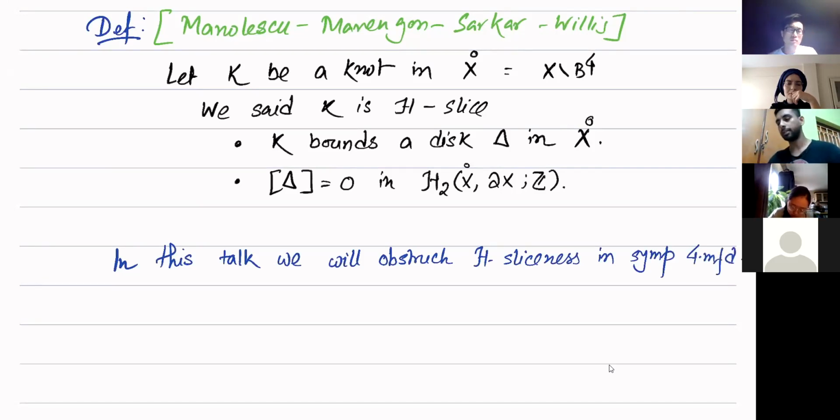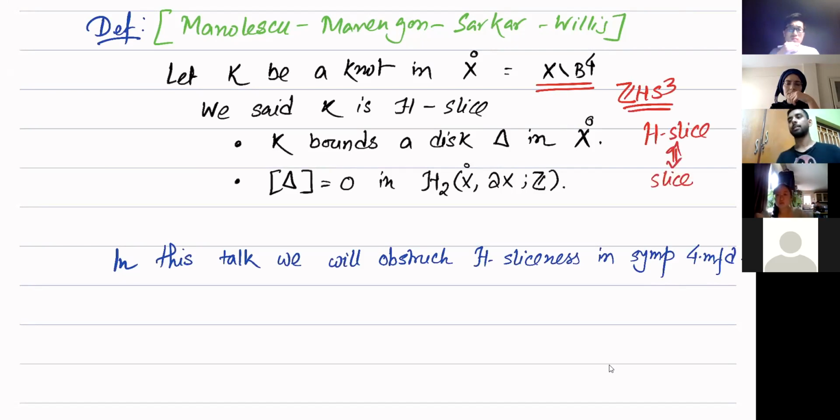Notice one more thing: if X itself is an integer homology sphere, then H slice is the same as slice. For that reason, people these days are interested in understanding the behavior of H sliceness, because that could potentially give a counterexample to the Poincare conjecture.